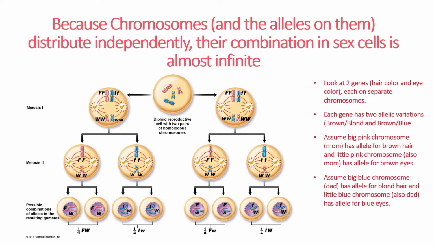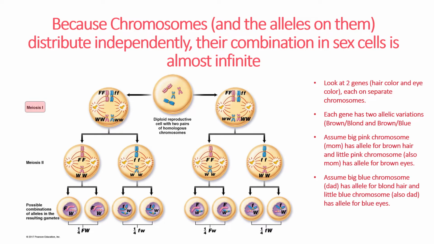We're going to also assume that the big blue chromosome, which came from dad, has the allele for blonde hair, and the little blue chromosome, also from dad, has the allele for blue eyes. So mom is carrying the gene for brown hair and brown eyes, and dad is carrying the allele for blue eyes.